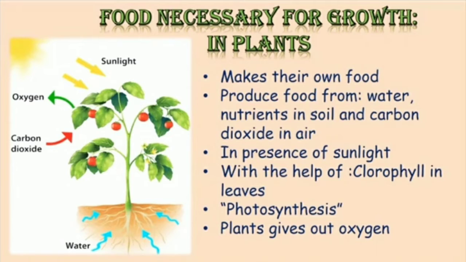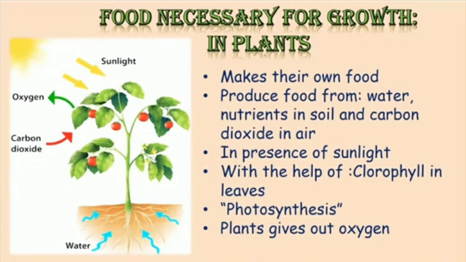Chlorophyll. Absolutely correct. With the help of chlorophyll present in the leaves and in the presence of sunlight, with the help of water, nutrients in soil and carbon dioxide in air, the plant produces its food with the process called photosynthesis.